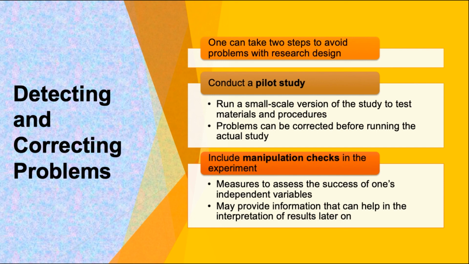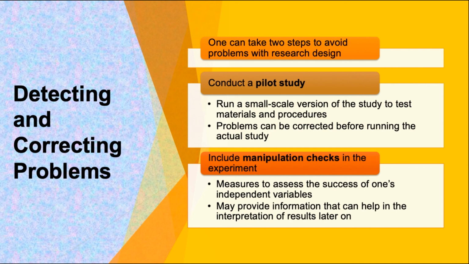A set of measures closely related to manipulation checks are those asking participants to report their perception of the entire experiment. Factors to be evaluated may include their perception of the experimenter, what they believe to be the true purpose of the experiment, the impact of any deception, and any other factors you think are important.